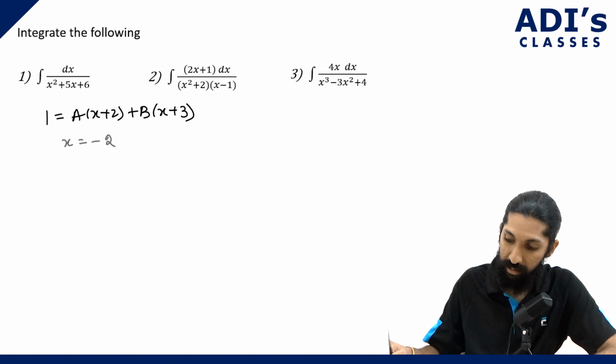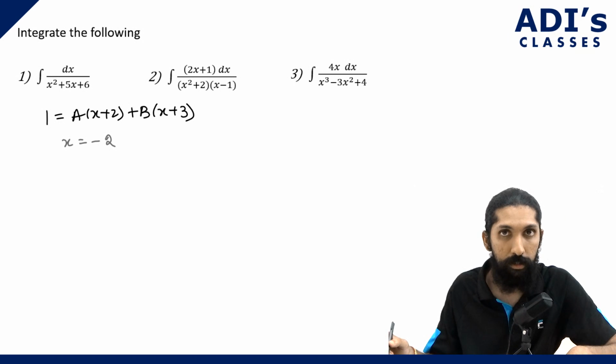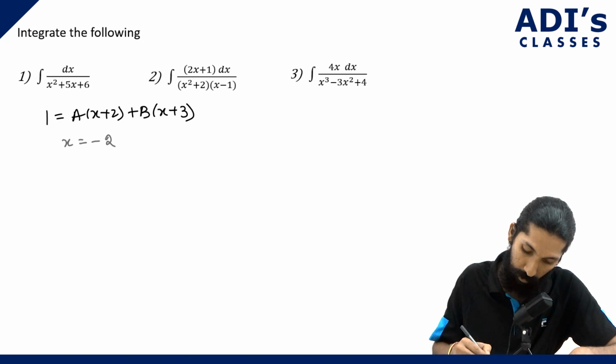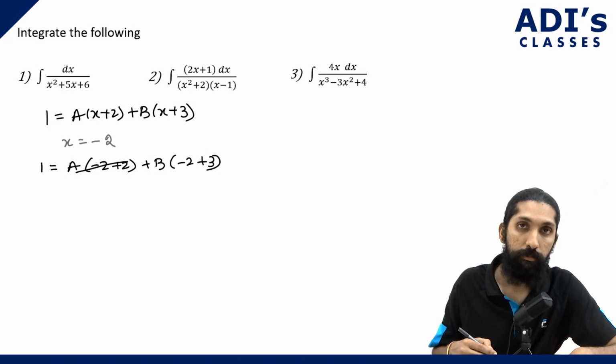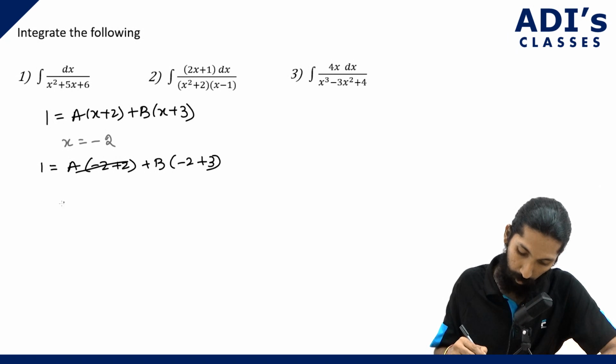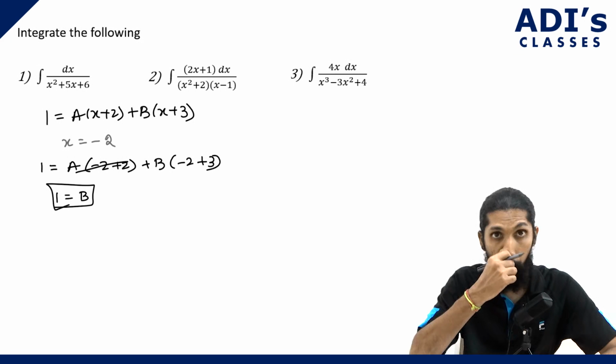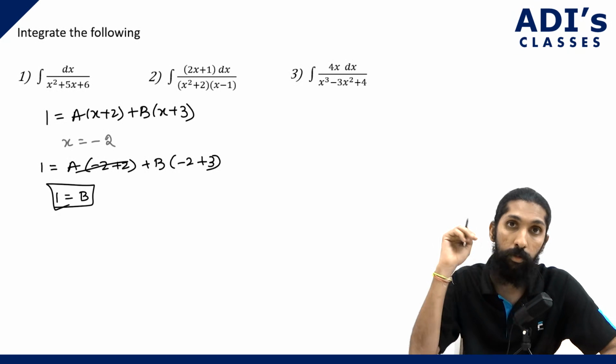Now will the LHS, will it even matter for LHS? No. So 1 is equal to A into minus 2 plus 2 plus B into minus 2 plus 3. This is 0. Gone. So 1 is equal to B. See, we got the value of B. This is why we take the zero of the polynomial.